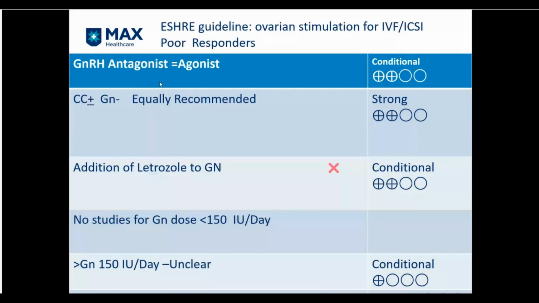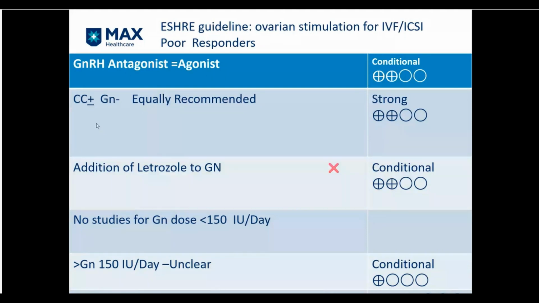In poor responders, like I mentioned in my previous slide where I discussed the hyperresponders where clomiphene was not indicated, yes, in poor responders the addition of clomiphene to the gonadotrophins is equally recommended. In poor responders, the mechanism of clomiphene citrate is a central acting blockage of estrogen receptors.